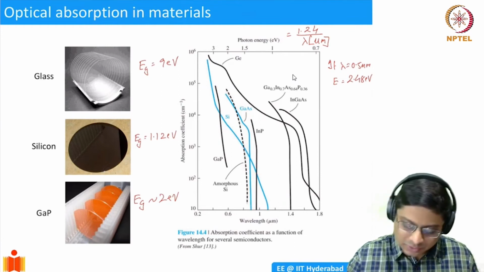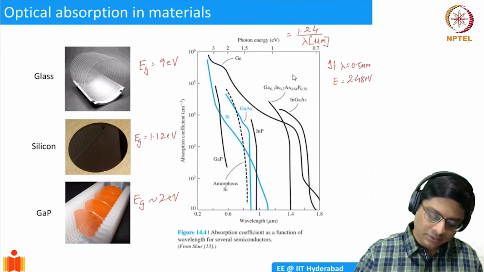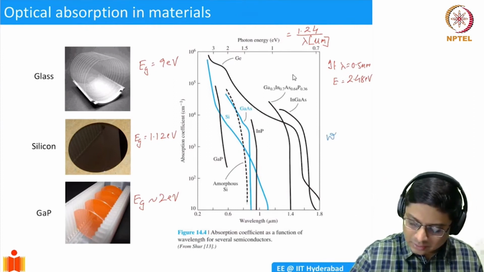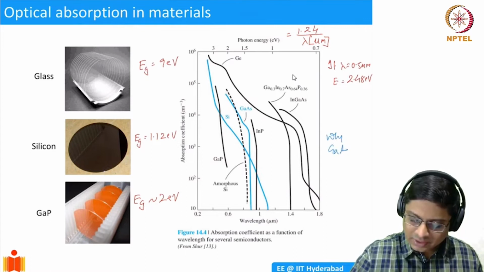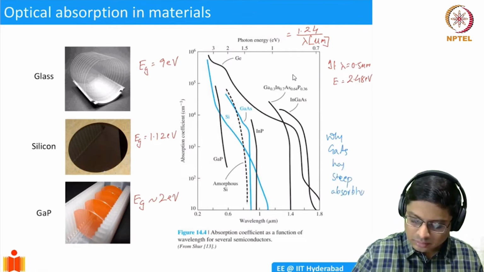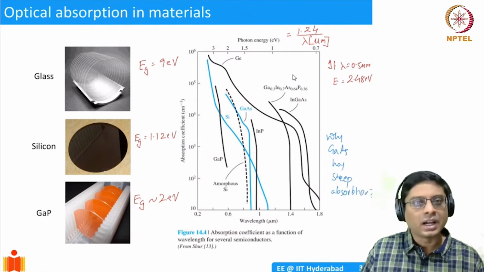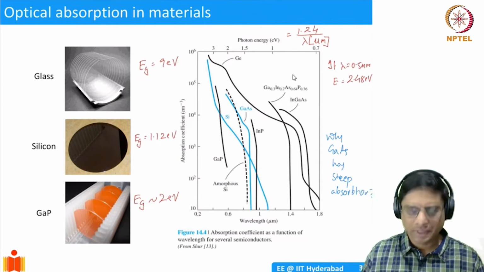So what is the difference? Why does gallium arsenide have steep absorption? With wavelength just below the band gap, it simply absorbs very fast.